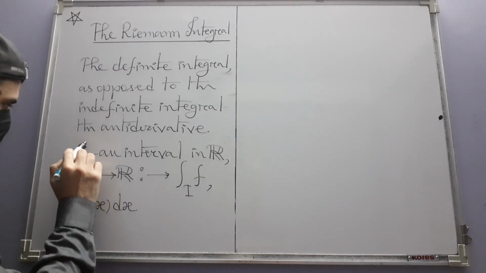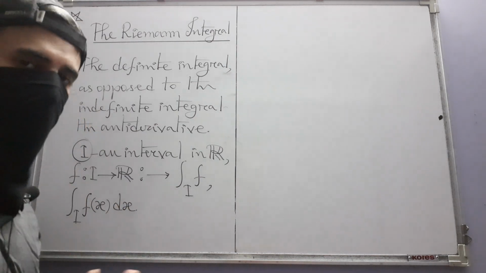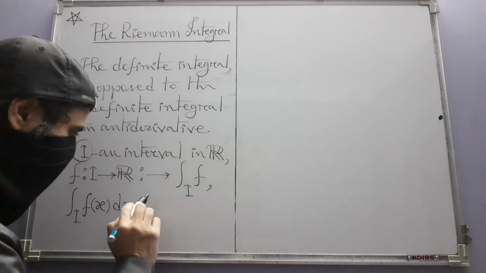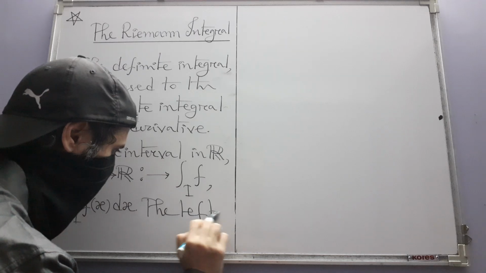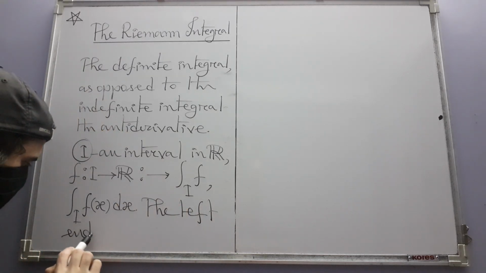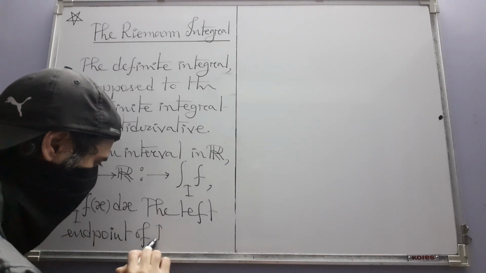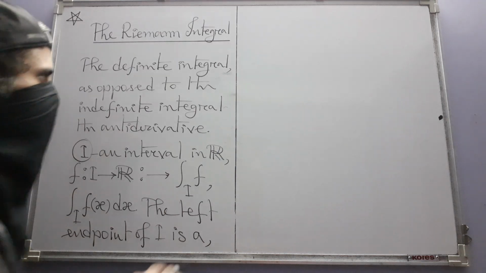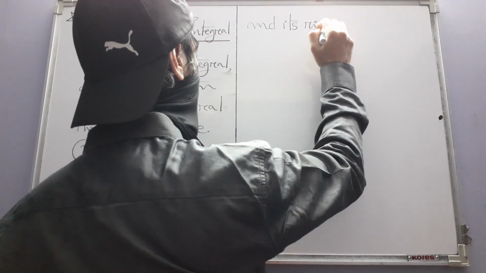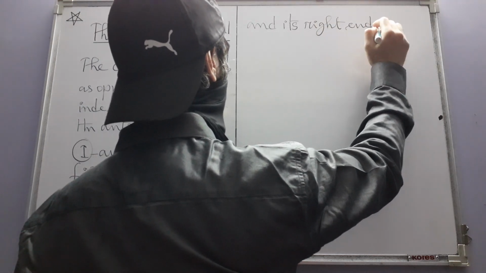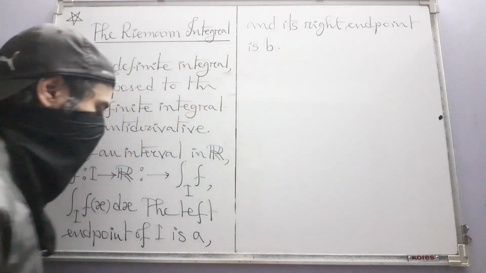In fact, if this interval I has endpoints, and if those endpoints are a and b, say the left endpoint of I is a and its right endpoint is b.